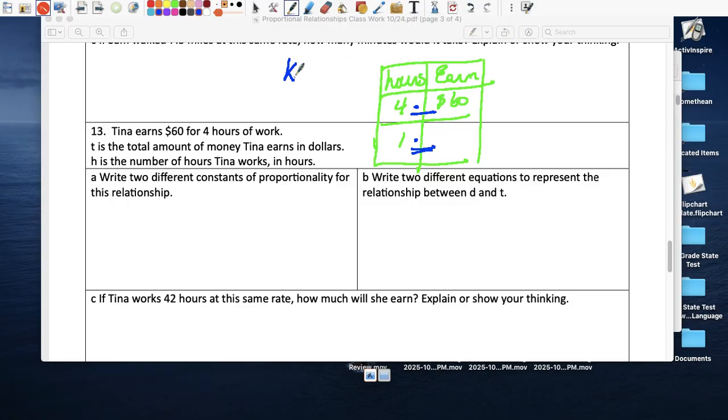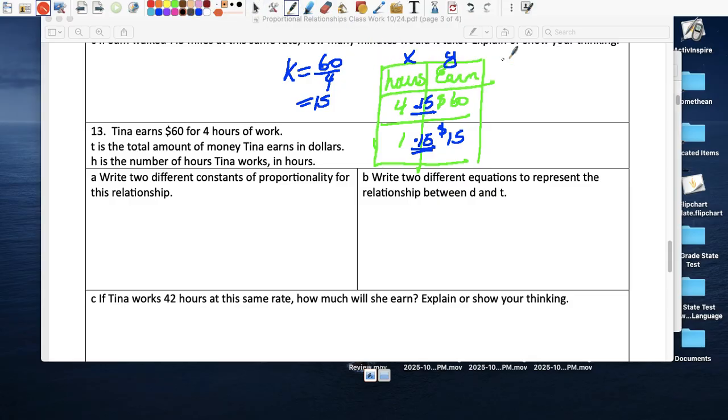To find the constant of proportionality, we take X and Y, and we divide 60 over 4, which gives you 15. And that makes complete sense. 4 hours, you get 15 bucks per hour, you get 60 total. If I work 1 hour, I get paid 15 bucks, and I take home $15.